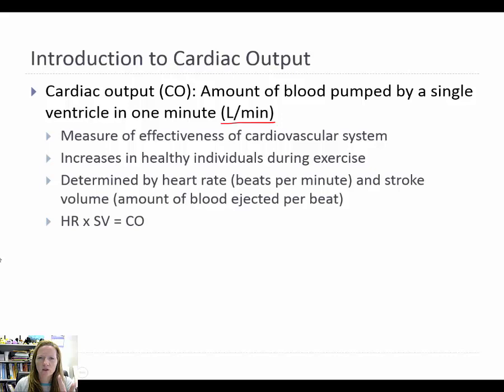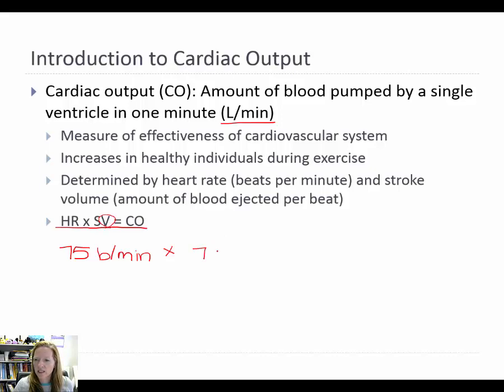Two main factors are going to determine cardiac output, and they are heart rate and stroke volume. Normal heart rate, we're just going to go with the average, is 75 beats per minute. And then if we take a look at normal stroke volume, it's a measurement of course of a volume.